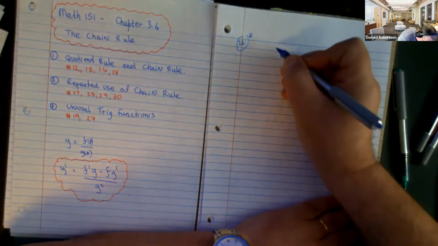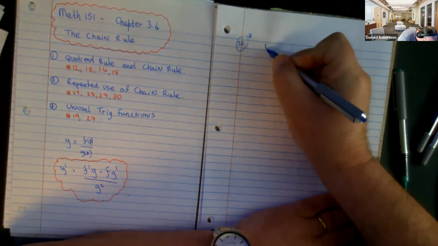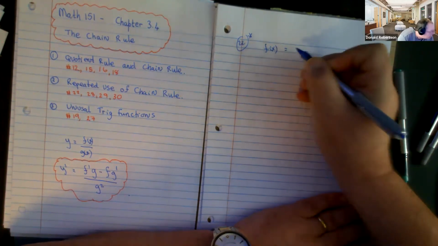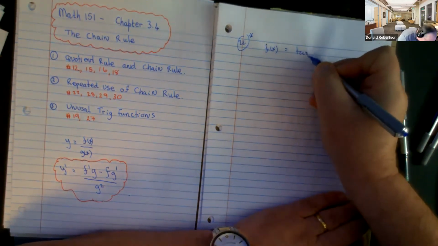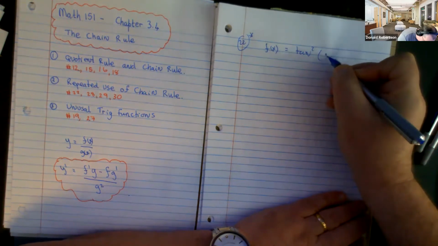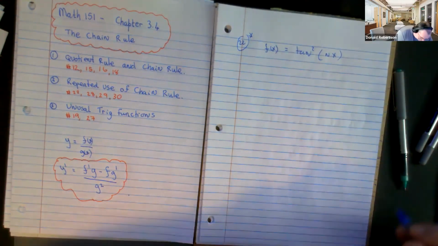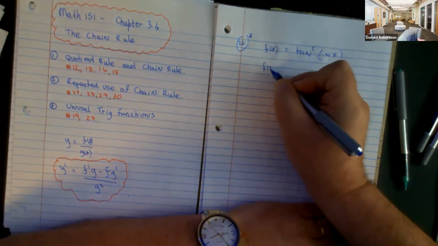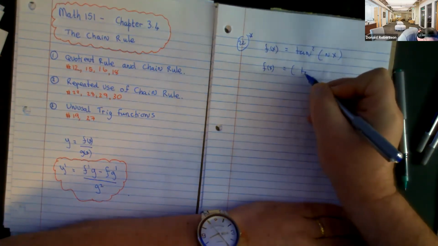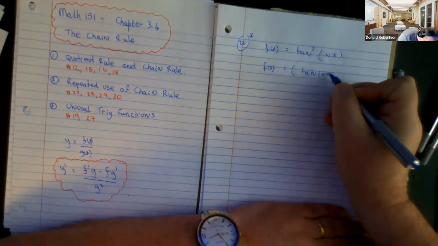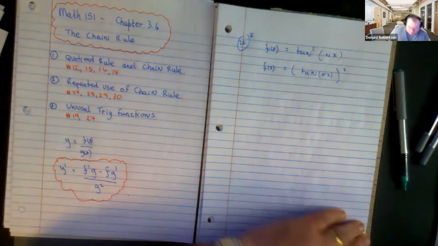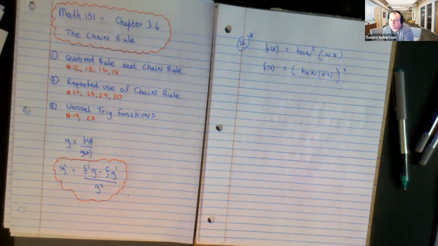So, we've got a function. I'm just going to call it f of x. They've got weird letters on them, I'm not going to do it. Tan squared of n times x. I've just done that in the x's. To be able to do this question, you have to realize that tan squared nx means tan of nx, squared.